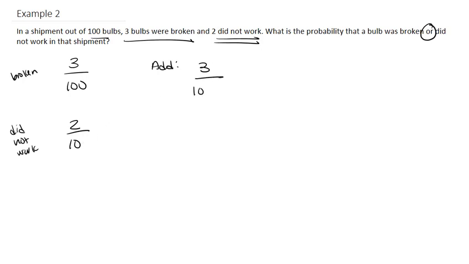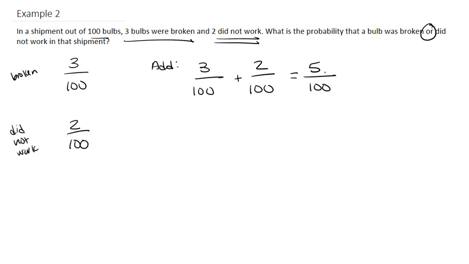So we have 3 out of 100 plus 2 out of 100. We have a common denominator, so we can just add our numerators. So it is 5 out of 100 were either broken or did not work.